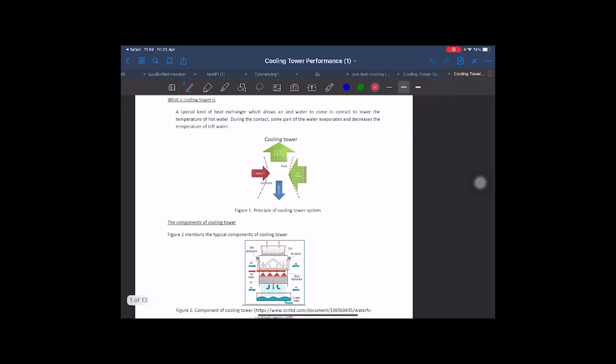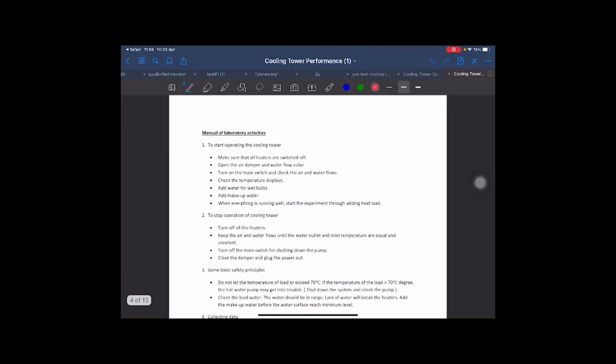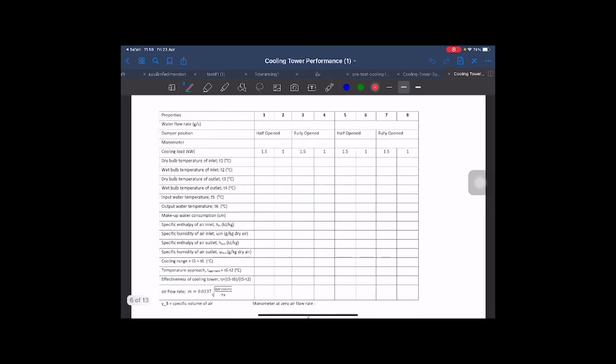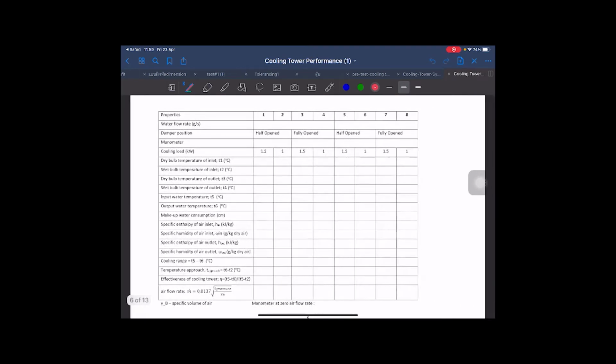In our laboratory sheet, in the data sheet of the cooling tower performance laboratory, we will change the water flow rate and the air flow rate at the cooling load 0.5 and 1.